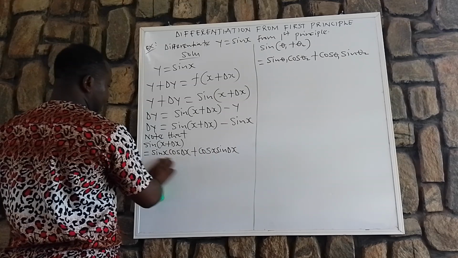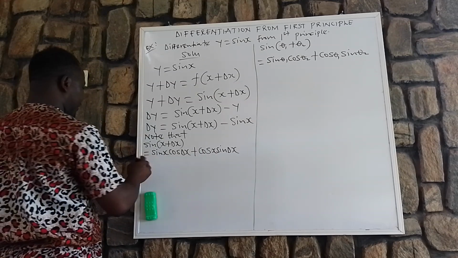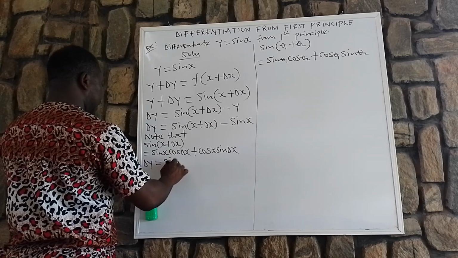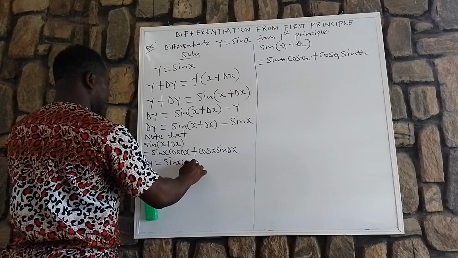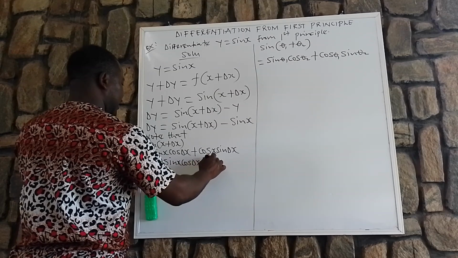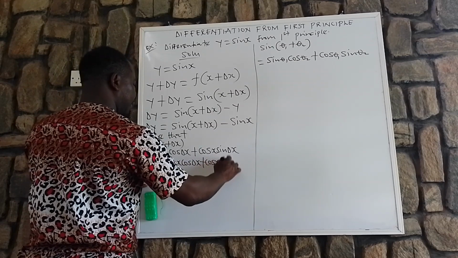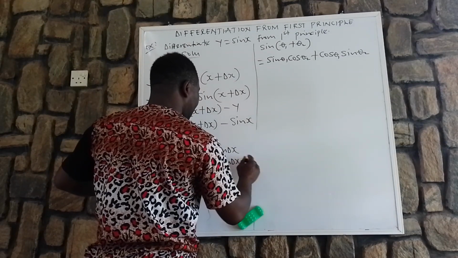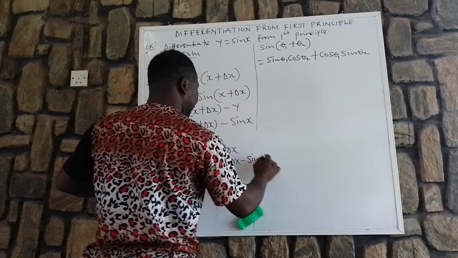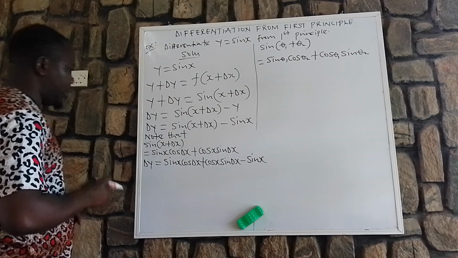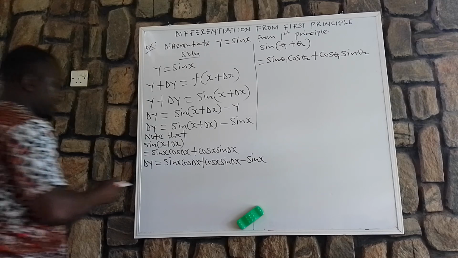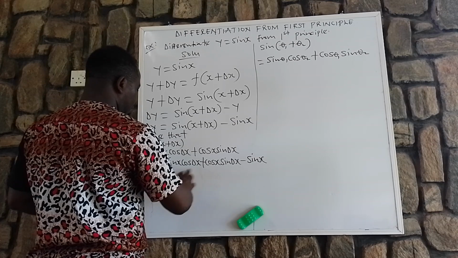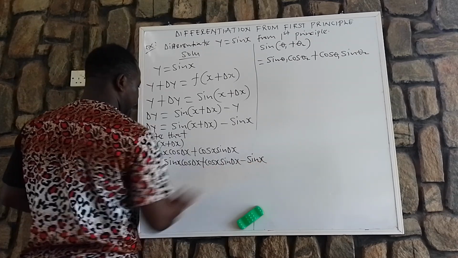So instead of sine of x plus dx, we write this one. Our dy is going to be sine x cos dx plus cos x sine dx, then minus sine x. If we collect like terms, sine x cos dx and sine x are like terms.